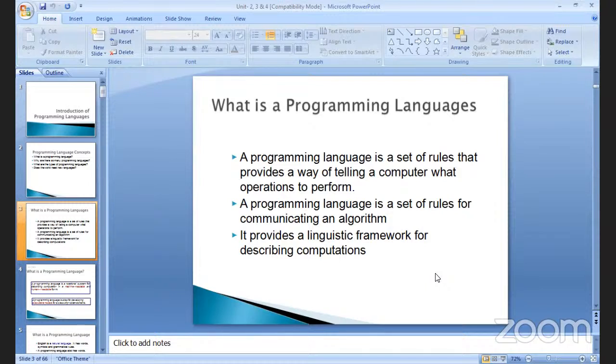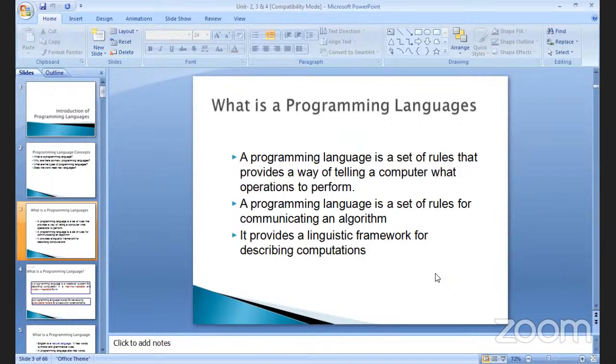A programming language is a set of rules for communicating an algorithm, and it provides a linguistic framework for describing computations. Whatever instructions we give to the computer should be in the form of a language.